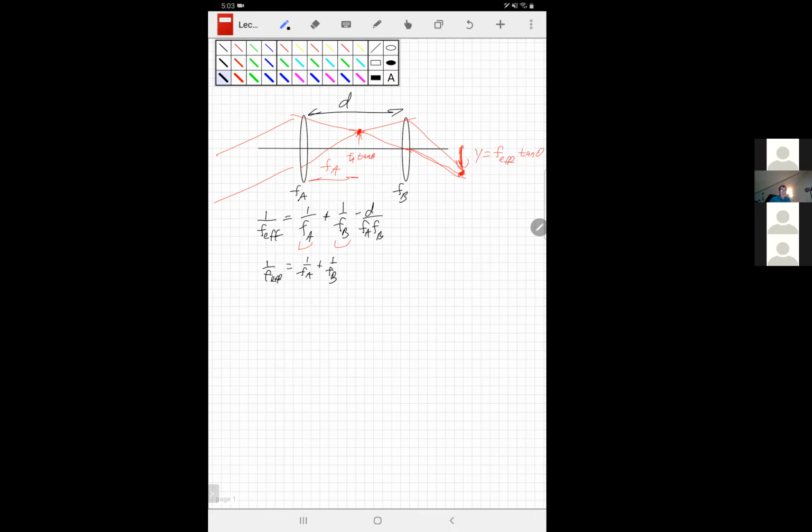Will the combined focal length of this system be smaller than FA and FB, or larger than FA and FB, or somewhere in between? I want you to vote in the chat. Think about the formula and then put your answer in the chat.